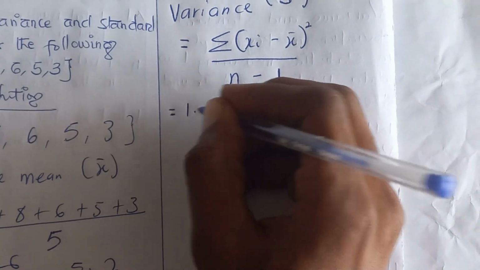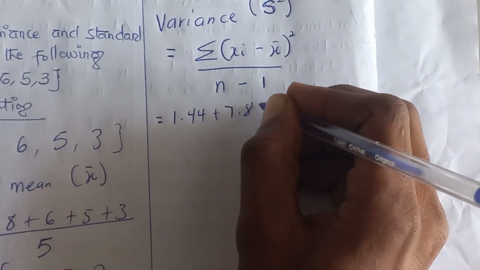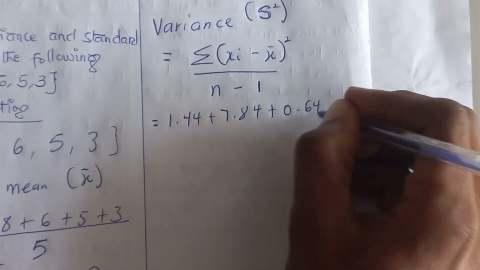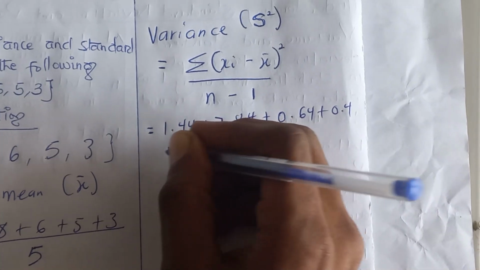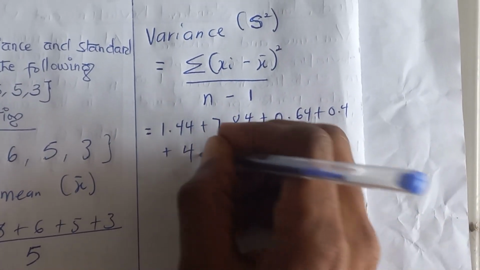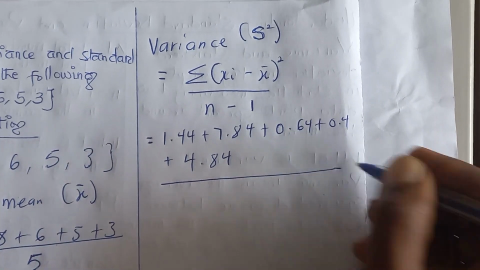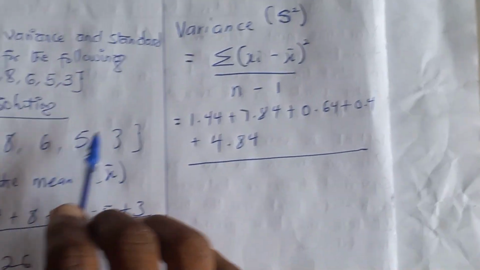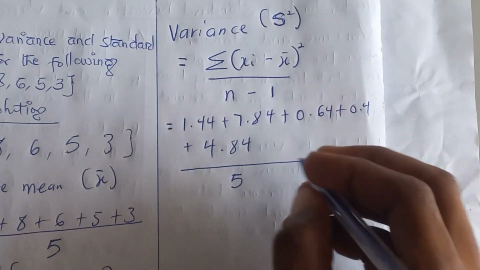It's going to be 1.44 plus 7.84 plus 0.64 plus 0.04 plus 4.84, all over n minus 1, where n is 5, that is 1, 2, 3, 4, 5.